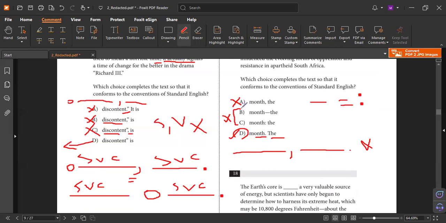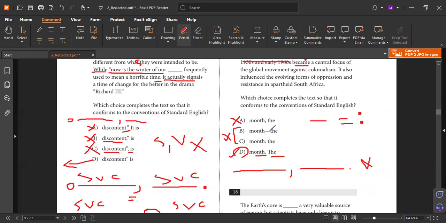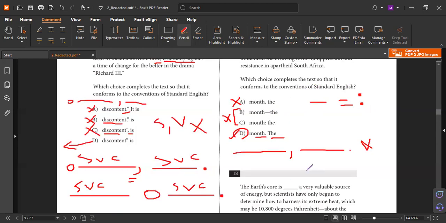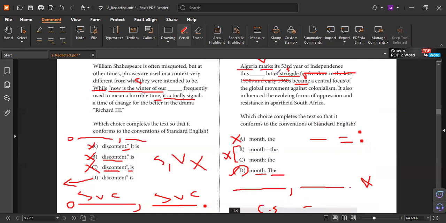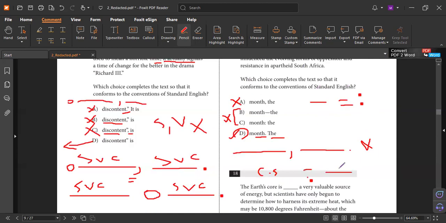Let's prove something else for B and C, why they are wrong. This is called a hack, and sometimes we follow the hack, but let's prove it by evidence. Number one, for the dash: I told you before, if you want to use a single dash or colon, before it must be a complete sentence. Okay, here we have a complete sentence. After them, it can be complete or incomplete, no problem.